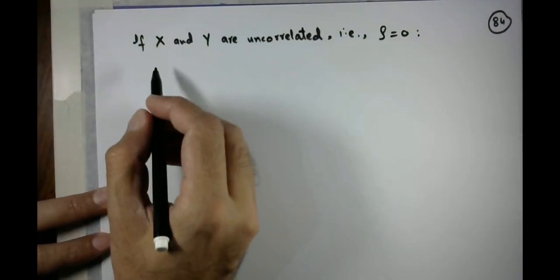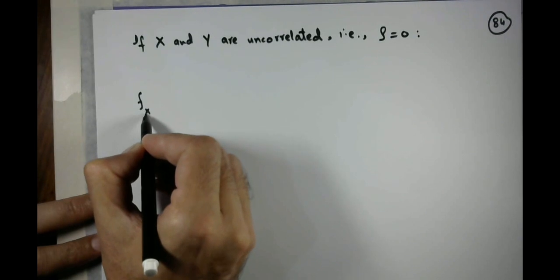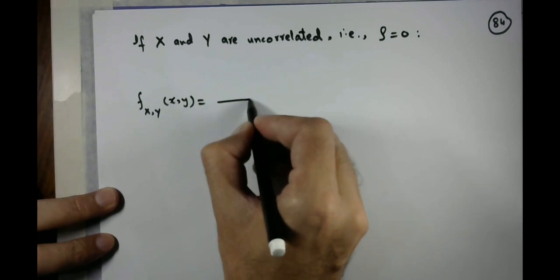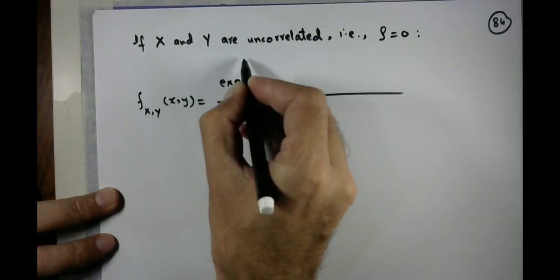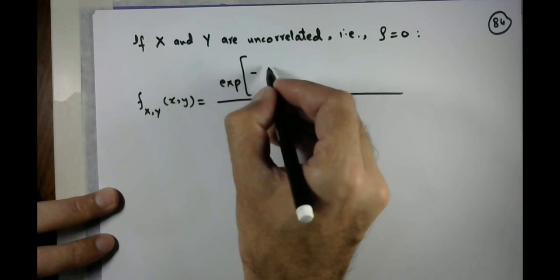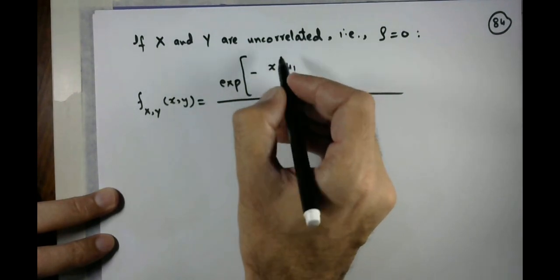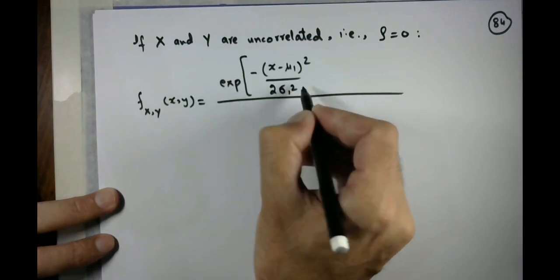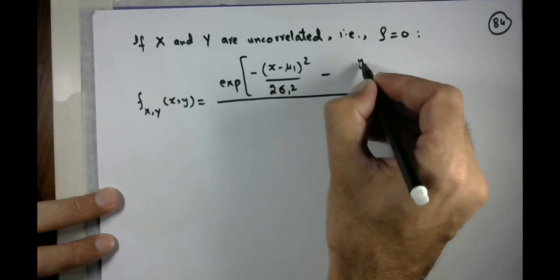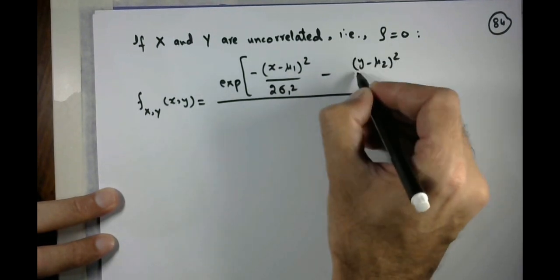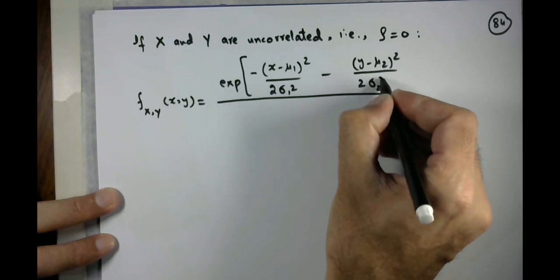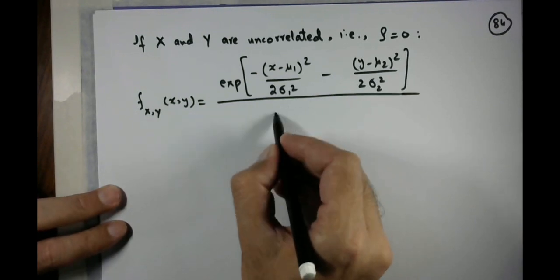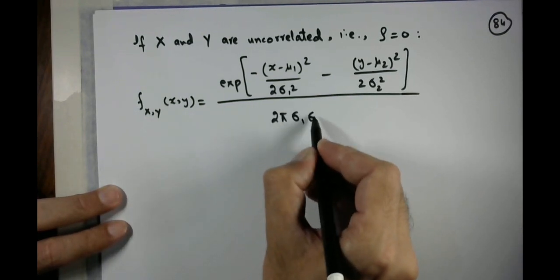So now putting rho is equal to 0, we get f sub x comma y of x comma y equal to exponential of minus x minus mu1 whole square over 2 sigma 1 square and minus y minus mu2 whole square over 2 sigma 2 square, all divided by 2 pi sigma 1 sigma 2.